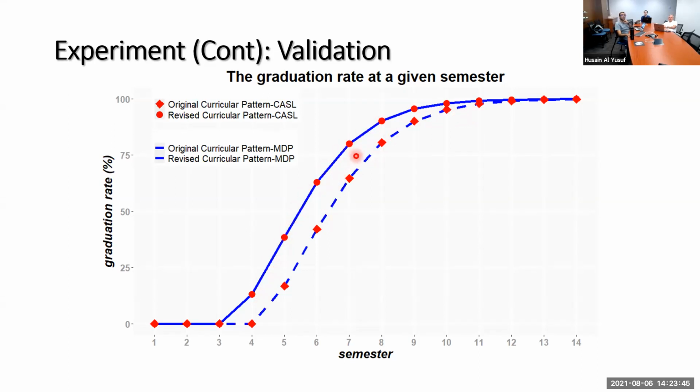The dots are from the Monte Carlo simulation, and the lines are from our MDP simulation. And that's what gives us a feeling that our model and simulation tool is working properly.